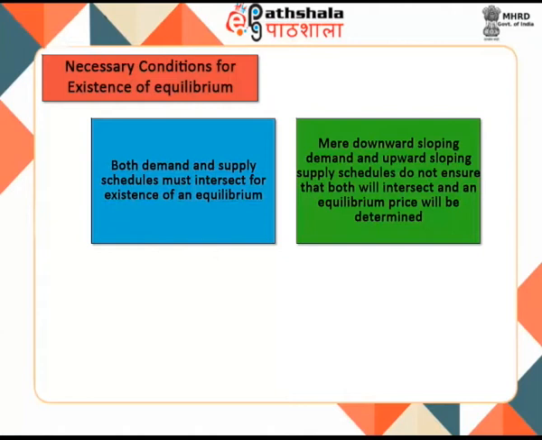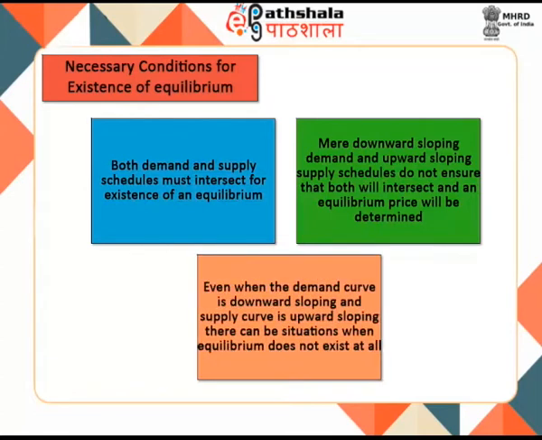In other words, there is no guarantee that equilibrium will exist. Even when the demand curve is downward sloping and the supply curve is upward sloping, there can be situations when equilibrium does not exist at all.